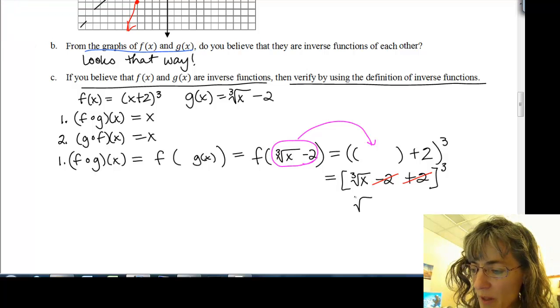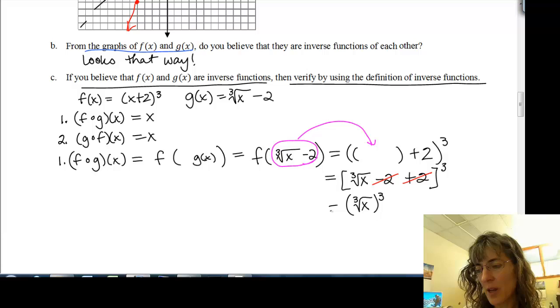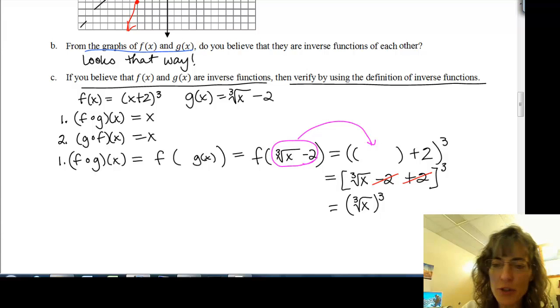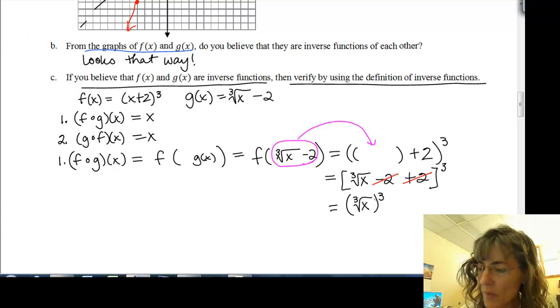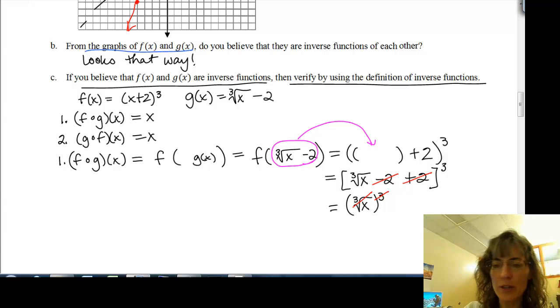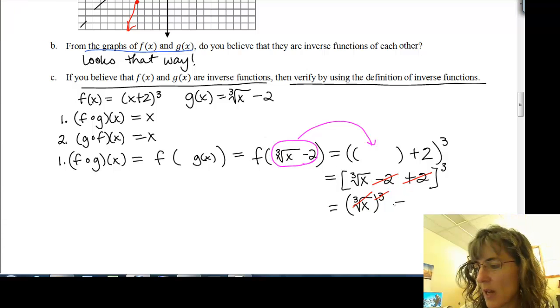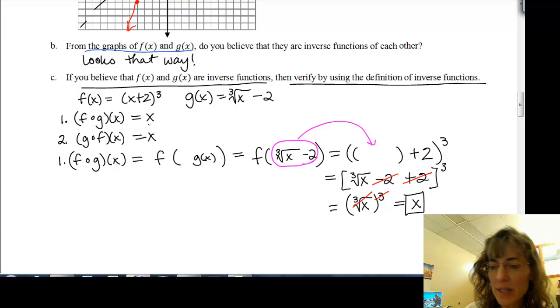So I'm left with cube root of x, and I can change to regular parentheses now because I don't have a couple layers of them. Cube root of x, cubed. The cubed and the cube root are the opposite operations, so they undo one another, and I'm left with x. Well, that's what I expected, isn't it?